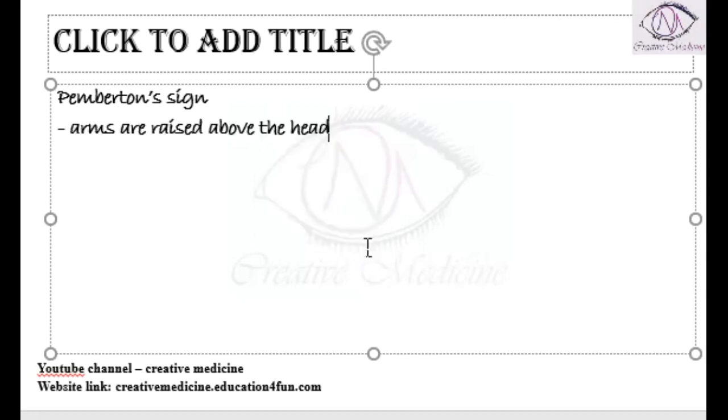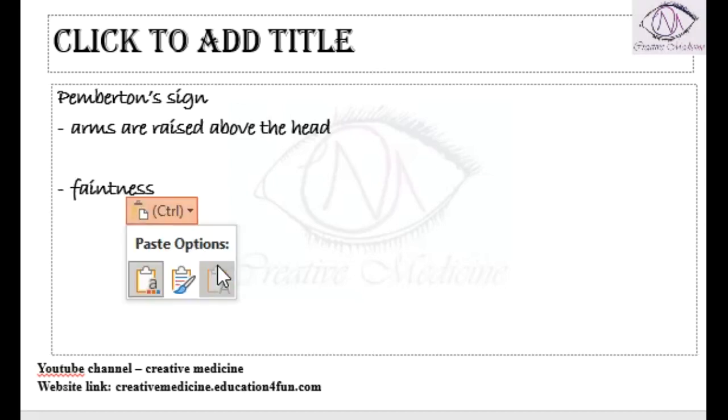When the arms are raised above the head, the retrosternal goiter will compress the great vessels in the neck, and the patient will experience faintness. He feels as though he is going to faint.